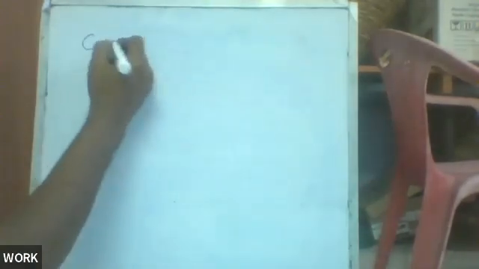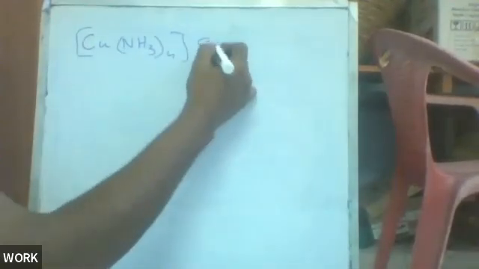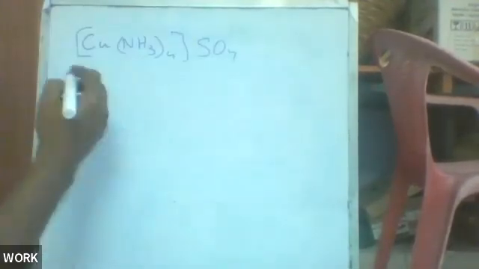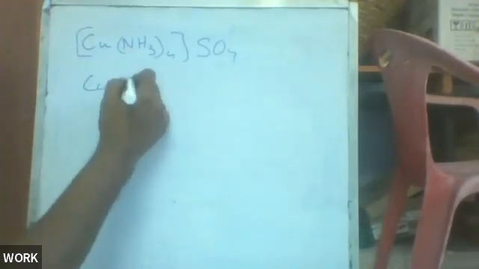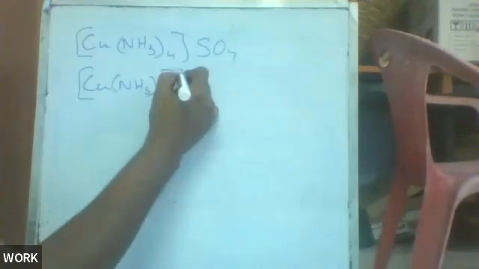Now we are going to calculate the oxidation state. We will take copper, the same complex as the example, with SO4. When you put it in water, it becomes [Cu(NH3)4] 2 plus, because SO4 is 2 minus.